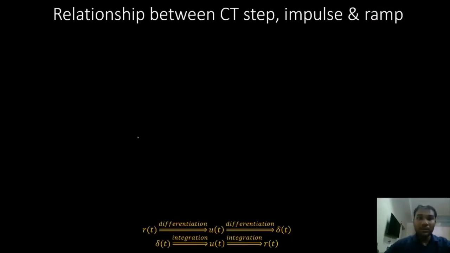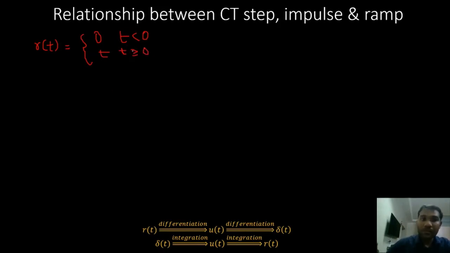Now this is the relation between continuous step, impulse and ramp. If you look at the ramp function r of t, it is defined as 0 for t less than 0, and t for t greater than or equal to 0.